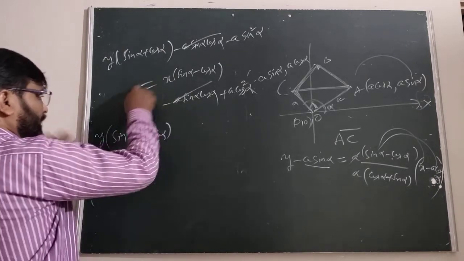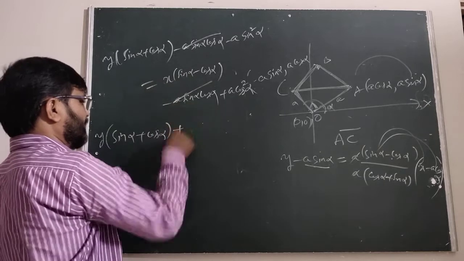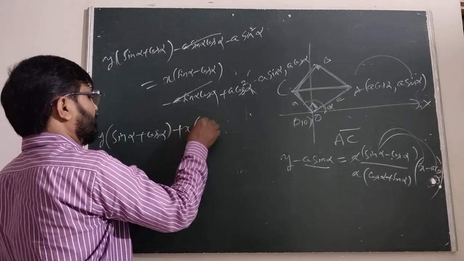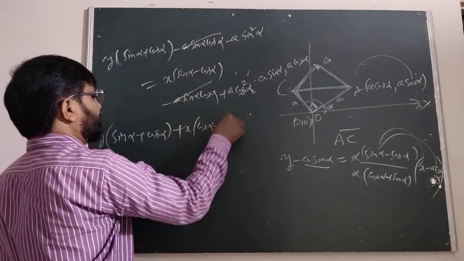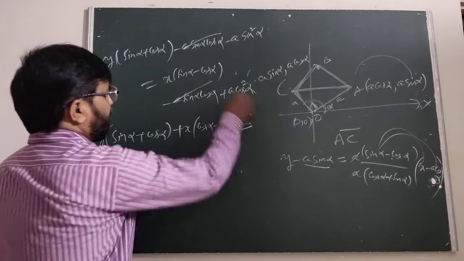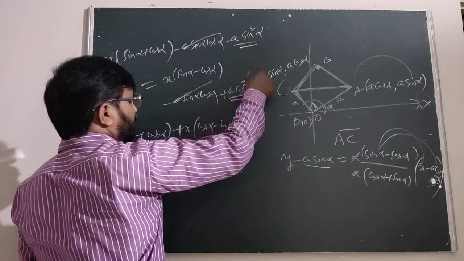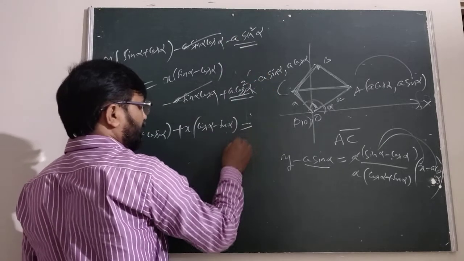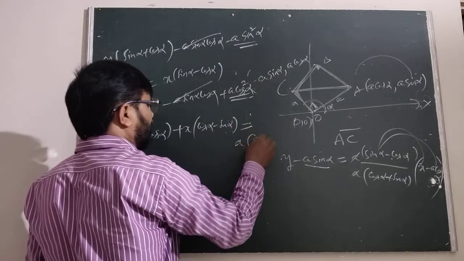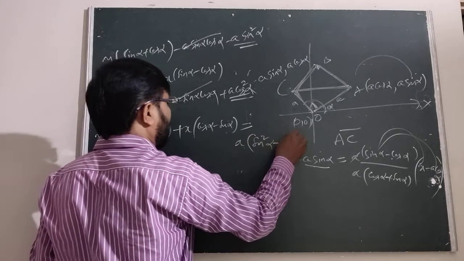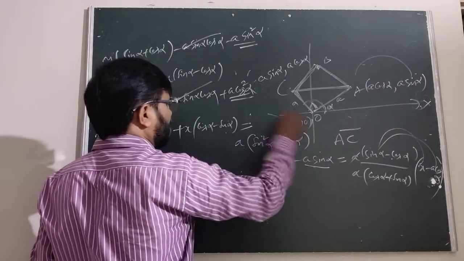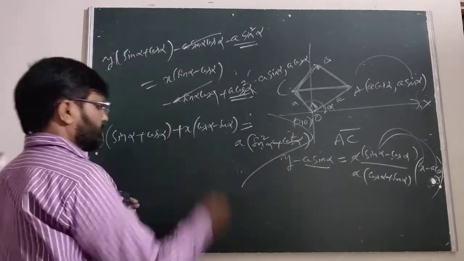This is minus x into cos alpha minus sin alpha; the minus is sent to the other side. There is A cos square alpha and minus A sin square alpha; minus is sent to the other side, plus. Taking A common, sin square alpha plus cos square alpha, we know that is 1. This equals A.